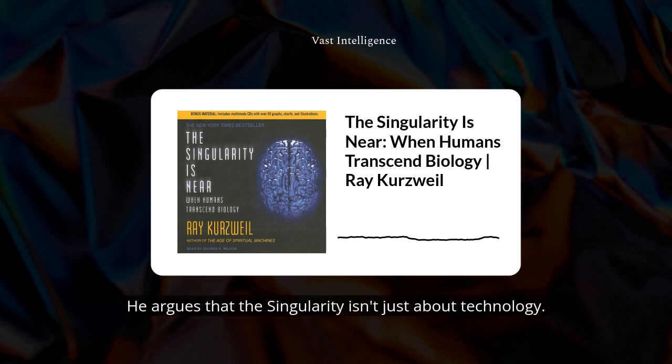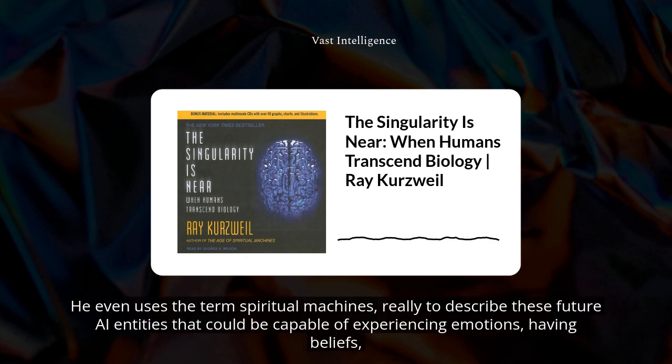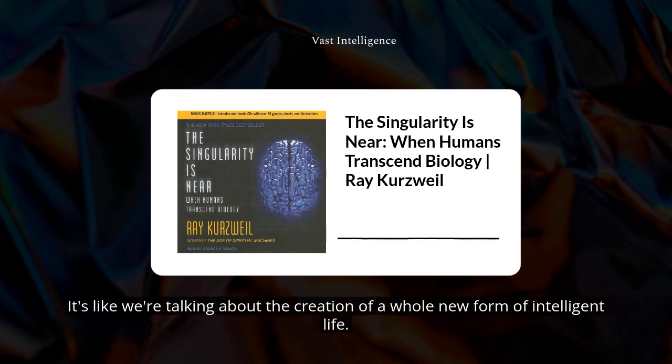He argues that the singularity isn't just about technology, it's about the evolution of consciousness itself. He even uses the term spiritual machines to describe these future AI entities that could be capable of experiencing emotions, having beliefs, potentially even developing their own sense of spirituality. It's like we're talking about the creation of a whole new form of intelligent life.